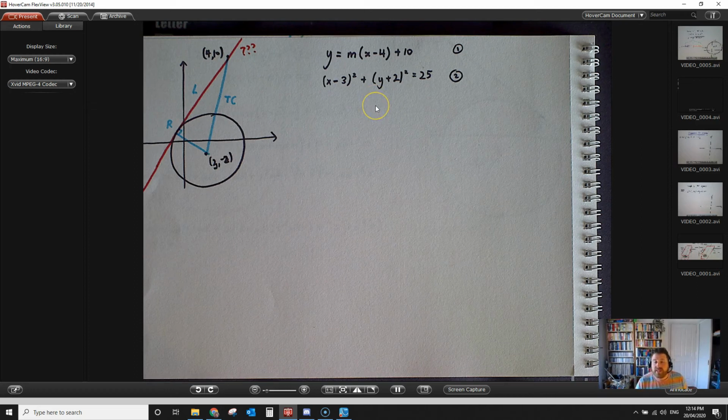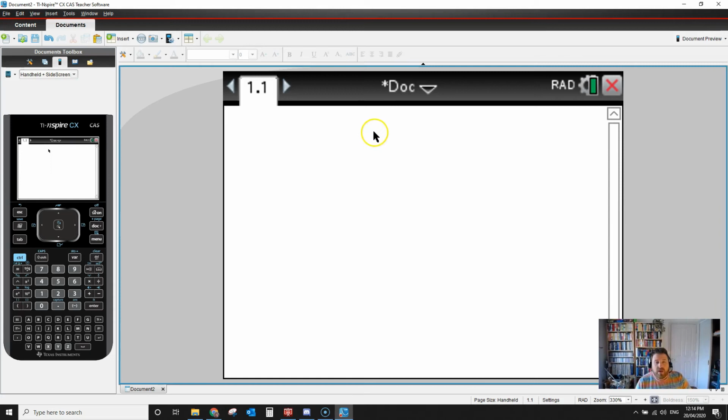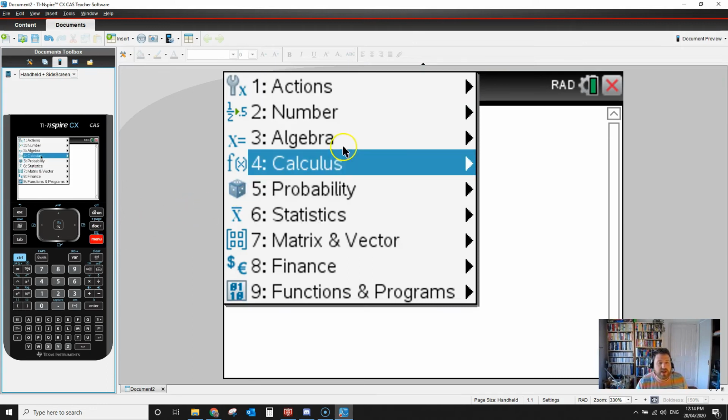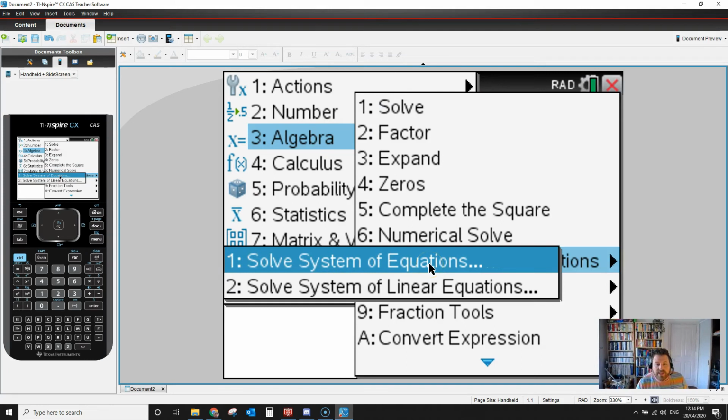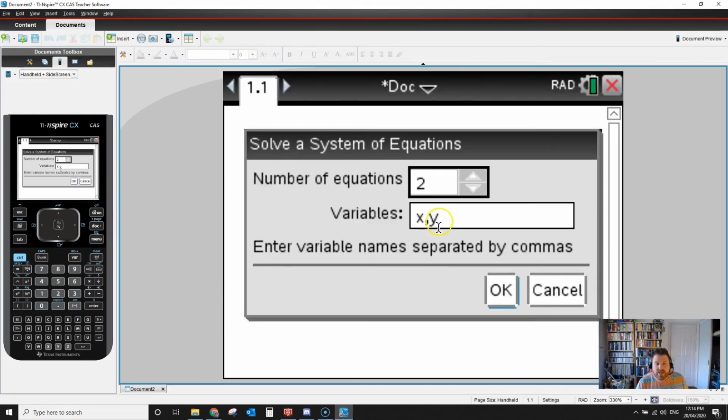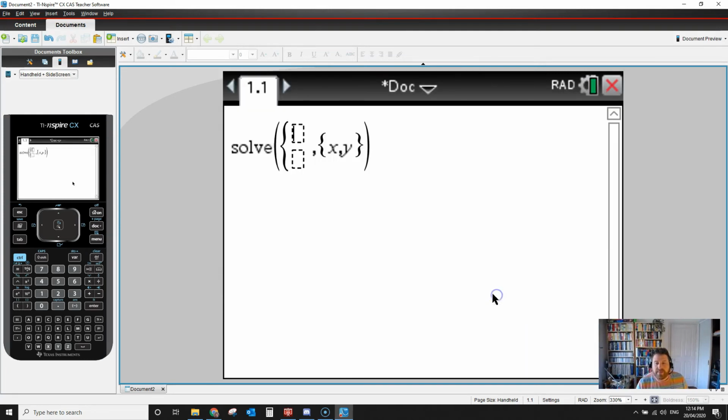So what we're going to do is go to our CAS, and we're going to use the solve simultaneous equations function, because that's how we do intersections. So, algebra, solve system of equations, 2 equations in x and y.